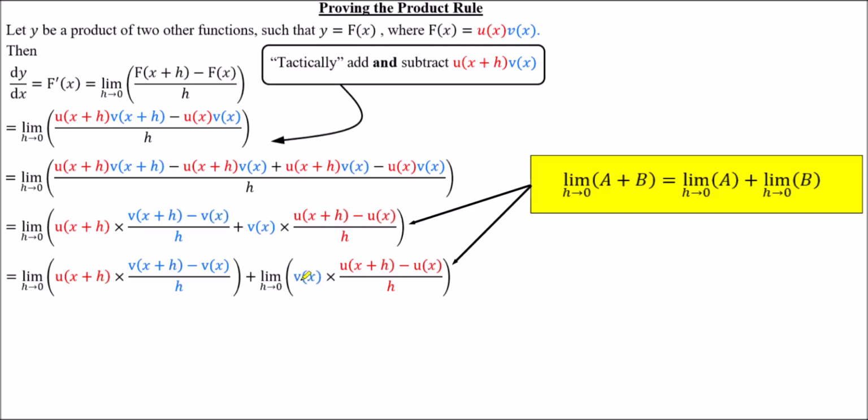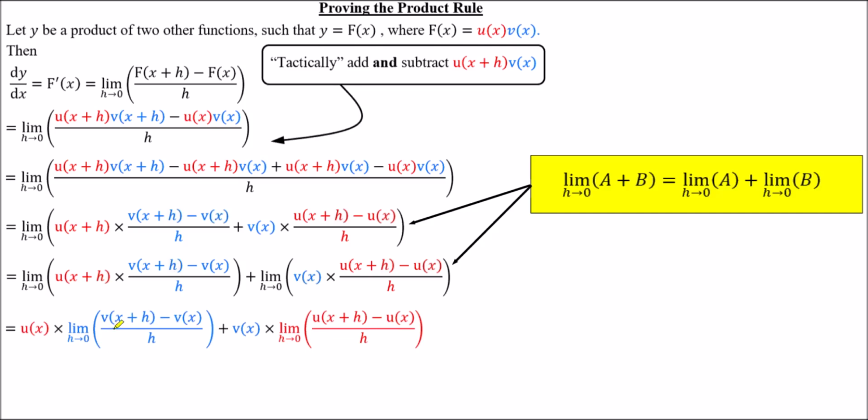So what we can do here is move the v of x and the u of x, which now will essentially not depend on h, outside of the limit and treat them almost like a constant which has nothing to do with h. So if I move the u of x and this v of x on the outside of these brackets, we now get this.